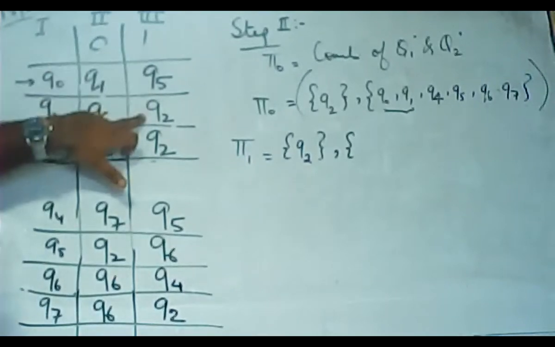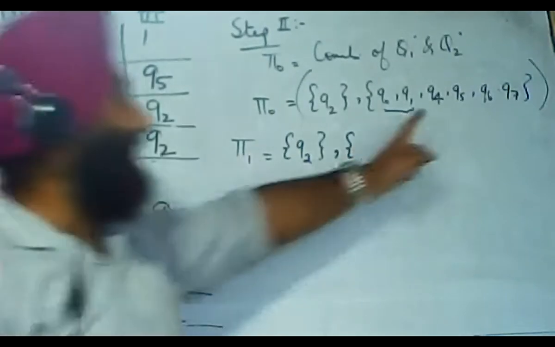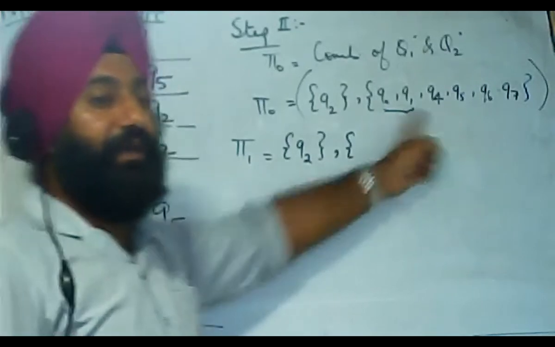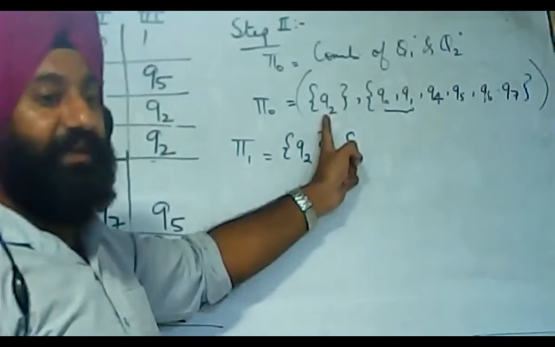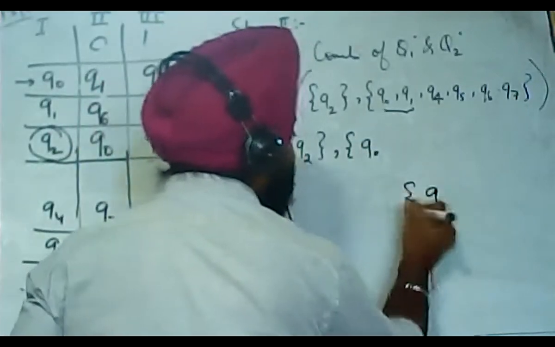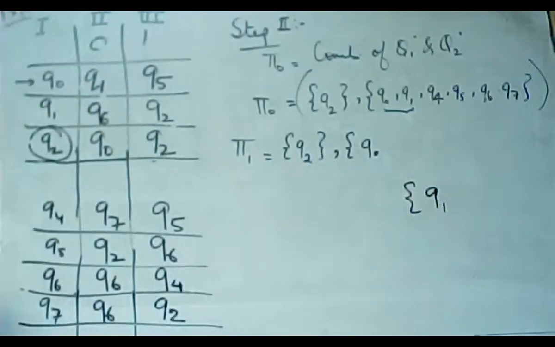Let's check the second value. Q naught upon the processing of 1 goes to Q5. Q1 upon the processing of 1 goes to Q2. So here Q2 and Q5 are in different sets. Q5 is written here, but Q2 is listed here. So Q naught will be written here and Q1 will be written in a separate set.